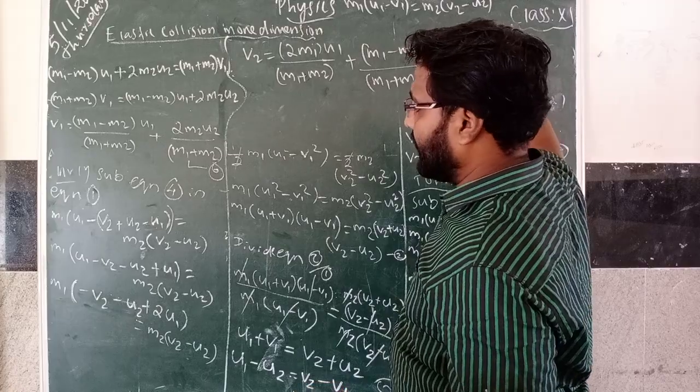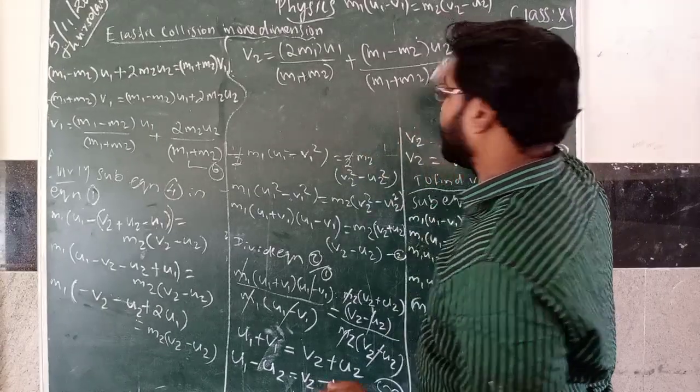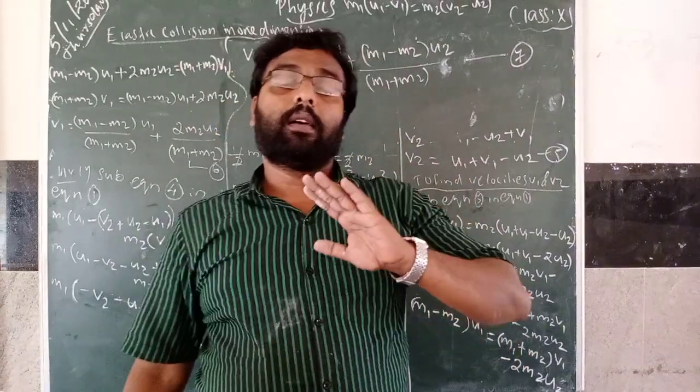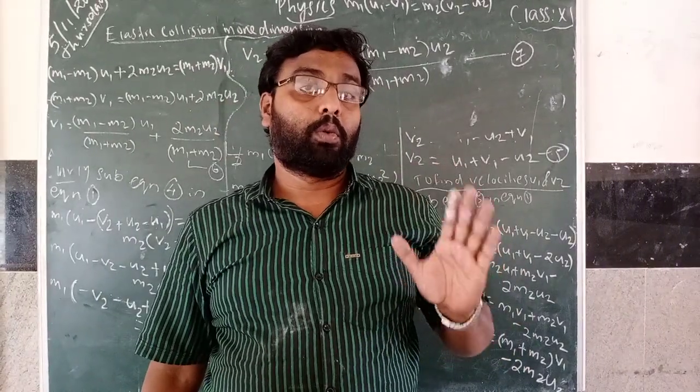This we can take as equation number 7. So you will get v1 and v2 in terms of momentum.